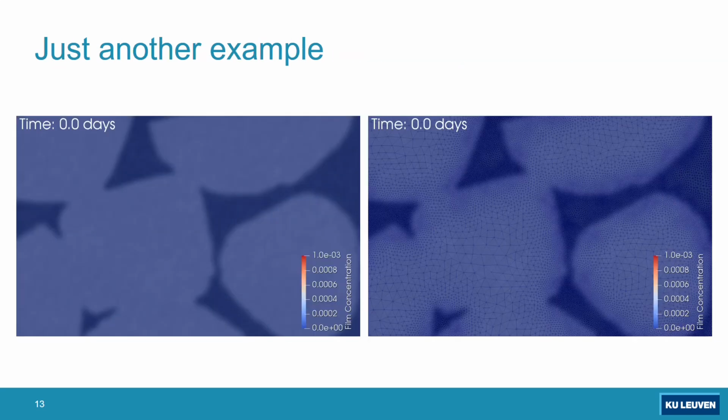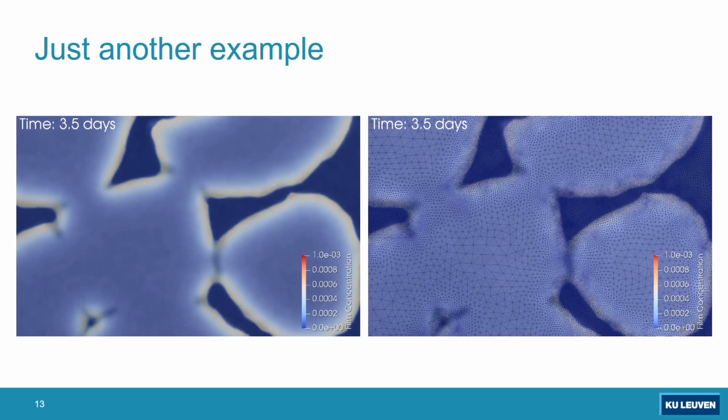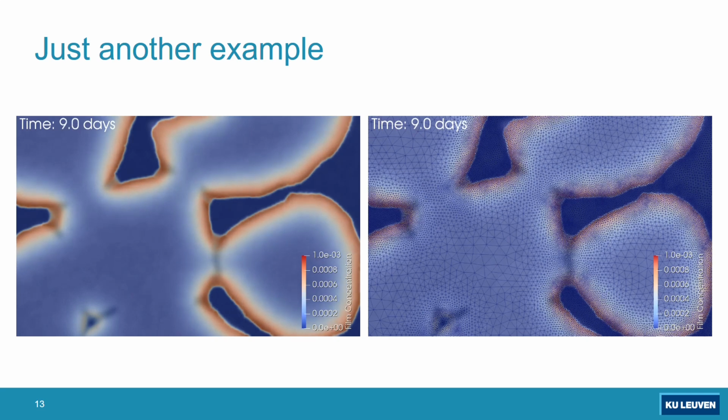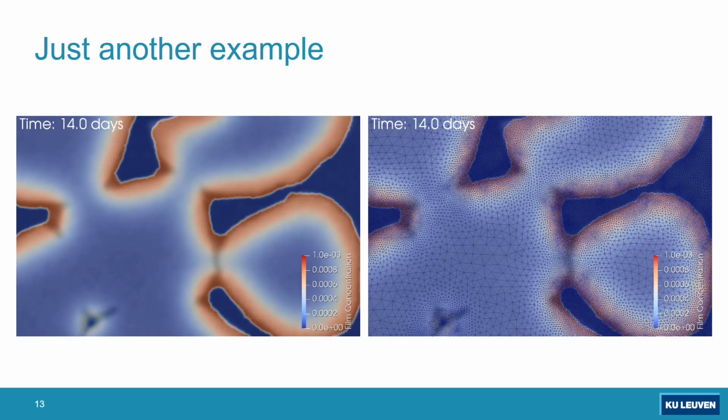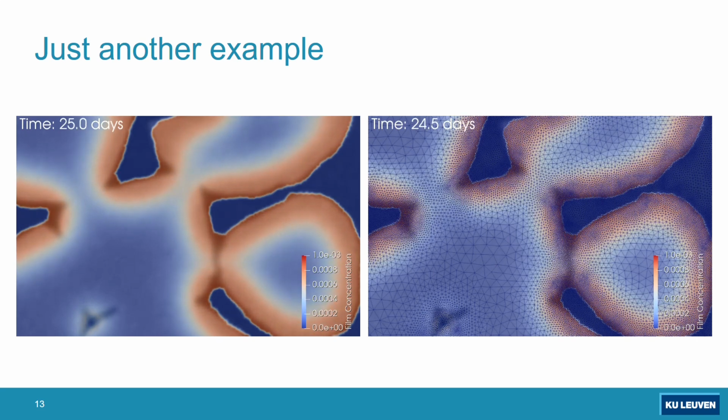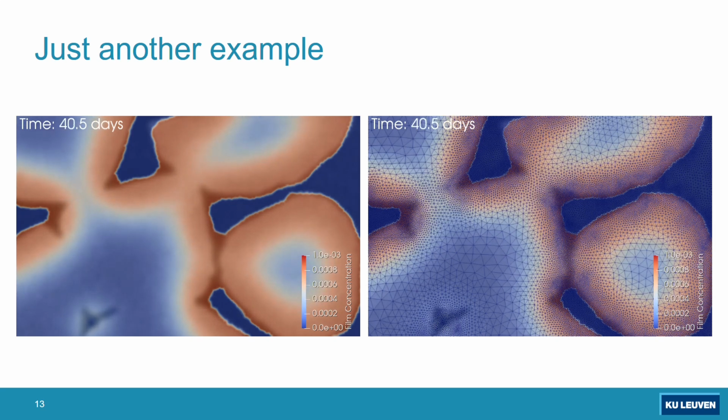This is another example for formation of corrosion products on a scaffold. You can see that they are exactly the same thing, showing the same thing, one with elements, one without. But actually, you usually see the figures on the left.